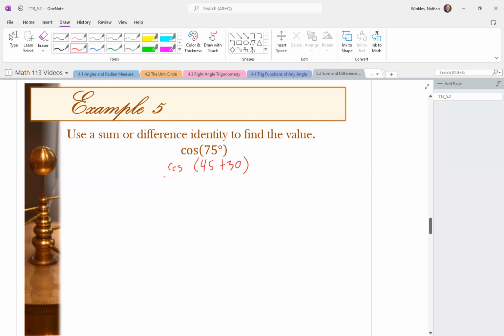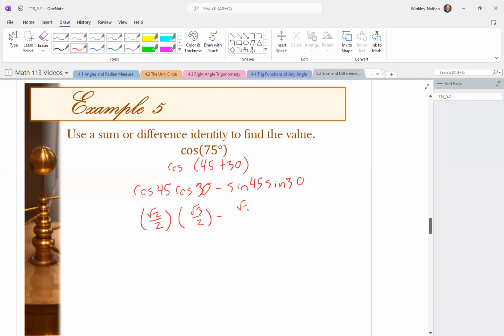So cosine of alpha plus beta is cosine 45 cosine 30 minus sine 45 sine 30. So cosine of 45 is root 2 over 2. Cosine of 30 is square root of 3 over 2.